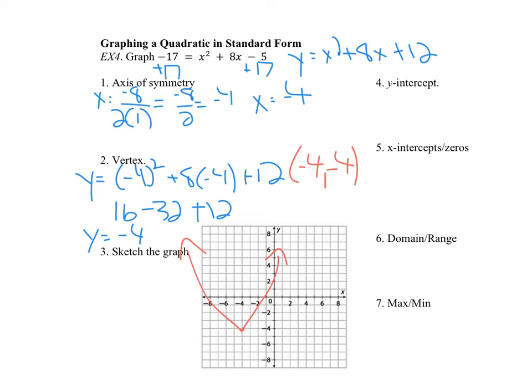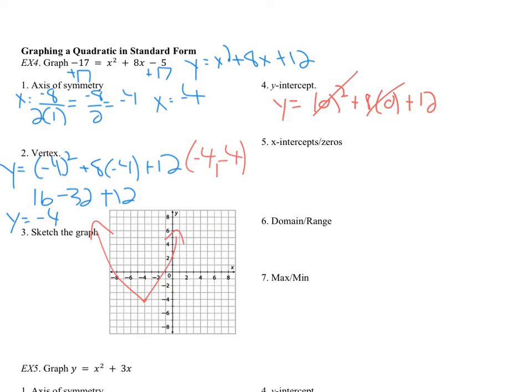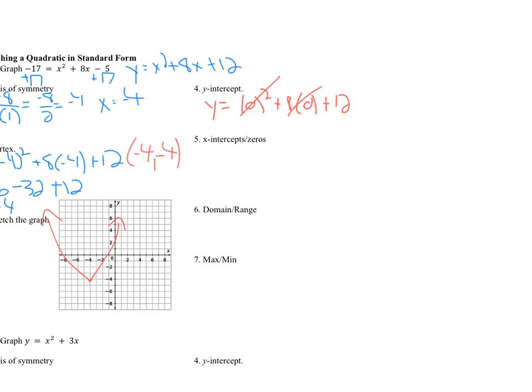Okay, so for our y-intercept, we substitute 0 in for x, so we get y equals 0 squared plus 8 times 0 plus 12, so 0 and 0, so y equals 12. So our y-intercept is at 0, 12.